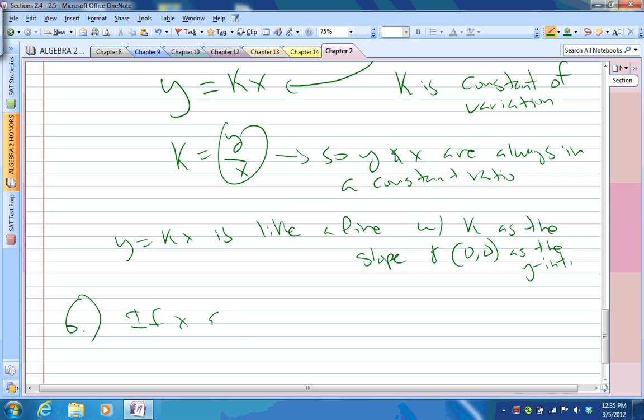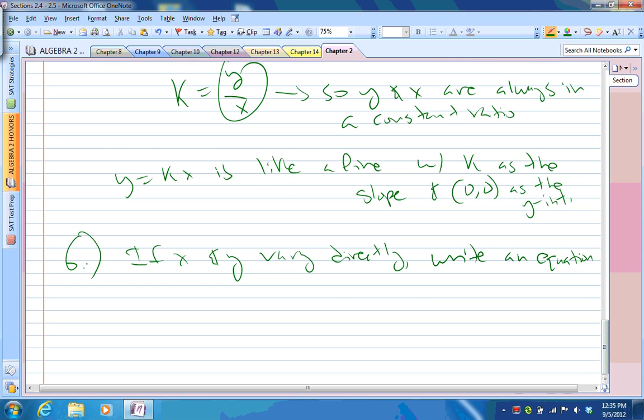If x and y vary directly, write an equation that relates x and y if x equals 5 when y equals 2.